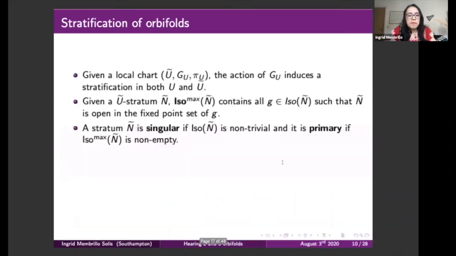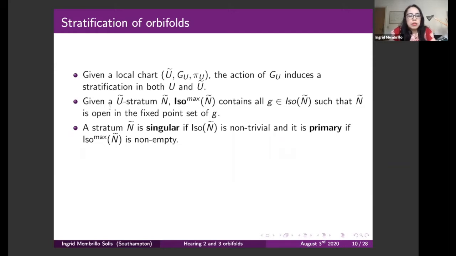So now locally also we can obtain a smooth stratification by just taking the action. So the action of the local groups will induce a stratification in both U and U tilde.